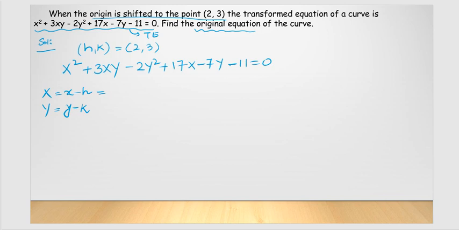Now substitute the values. X minus 2, this is y minus 3. Now replace capital X with x minus 2, capital Y with y minus 3. Then what am I going to get?